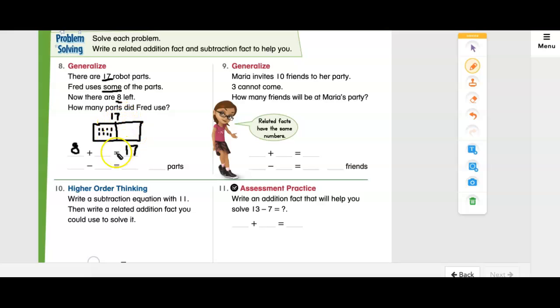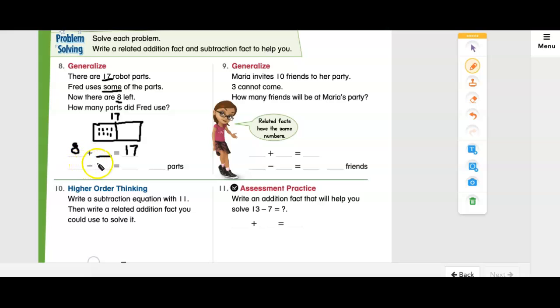You could do that to find your missing part, or if you would like to use another strategy, you can do that also. So you need to find 8 plus blank equals 17, using a part whole chart or another method.